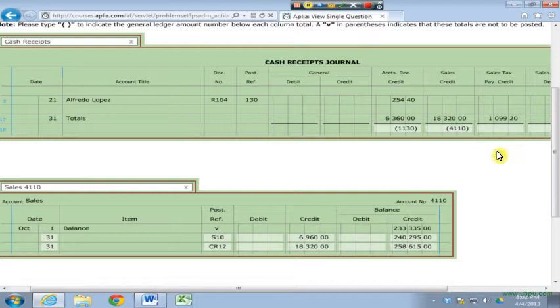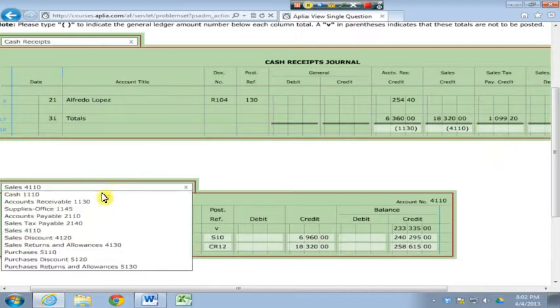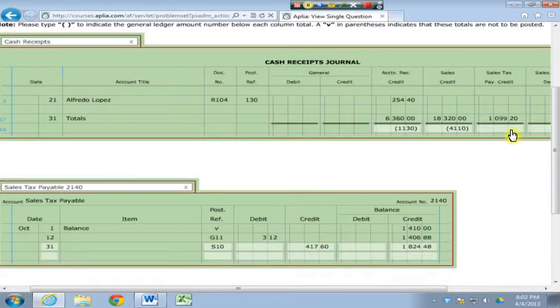Okay, what is the next ledger we need to find? We need to find the sales tax ledger. So sales tax payable. And someone show us how to do this one. Okay, we're going to start with the date, the 31st. Post reference will be CR12.